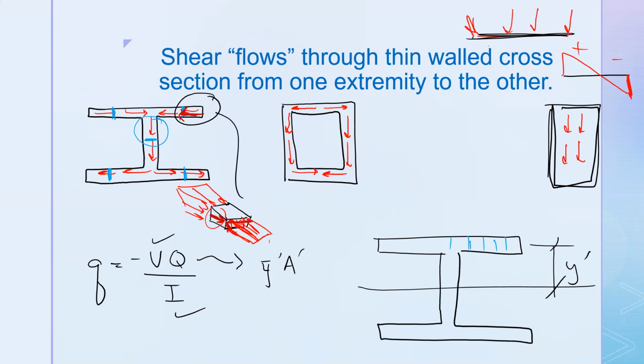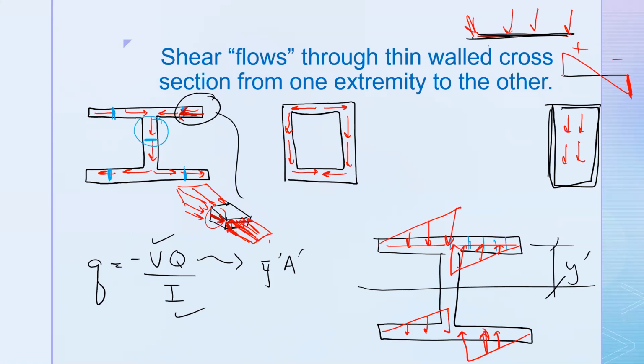And would you agree that your area is increasing linearly as I move from right to left? Okay, so if you would agree with that, what that means is your shear stress is increasing linearly. So that's what your distribution of shear stress is going to look like. Over here we have this distribution, and then you see similar on the bottom and on the top.